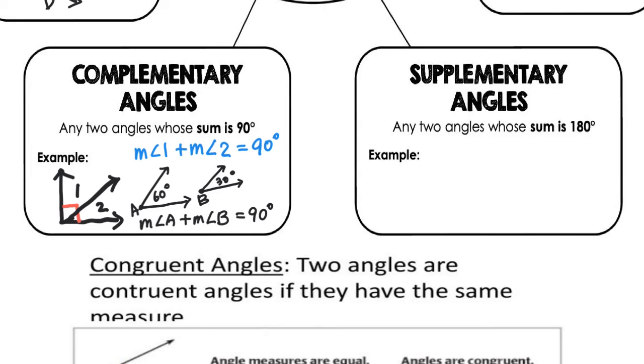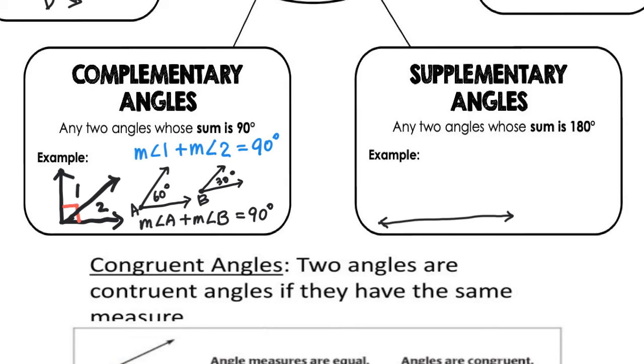All right, let's see what's the difference with supplementary angles. Supplementary angles are any two angles whose sum is 180 degrees. So instead of 90 degrees, this time it has to be 180 degrees. And I have an example right here. Let's say I have just a line there.